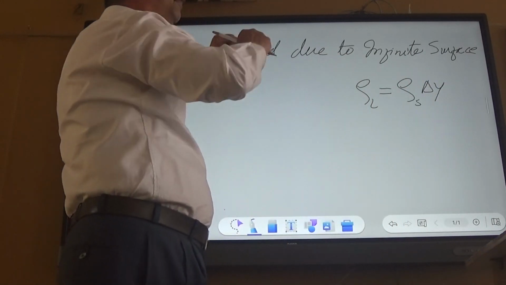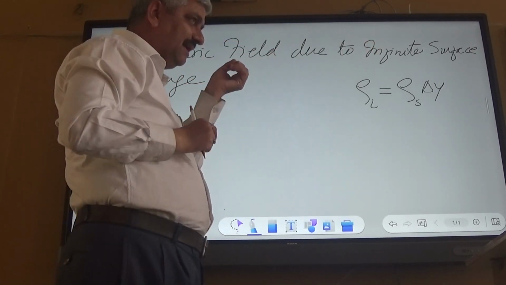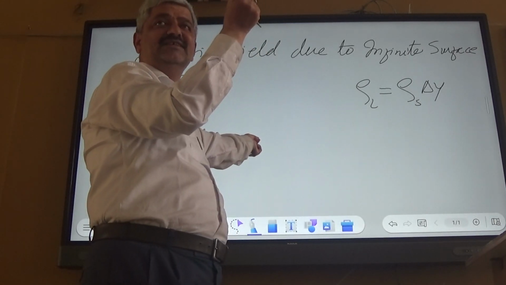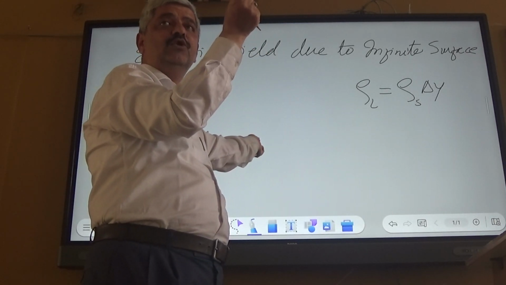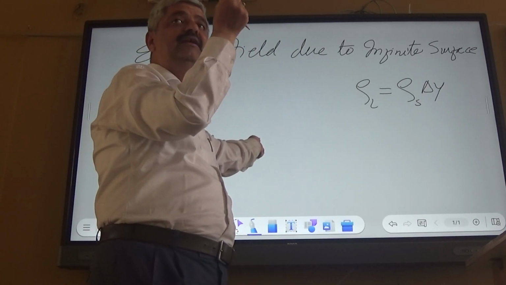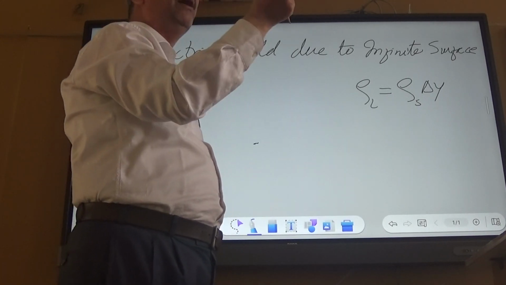Then I am assuming y equal to 0 is the middle line. Then a point here at distance z. So what would be the electric field that would be called again delta E? Why?